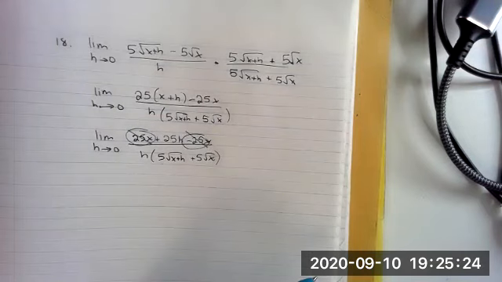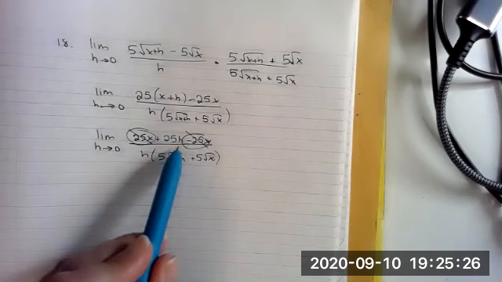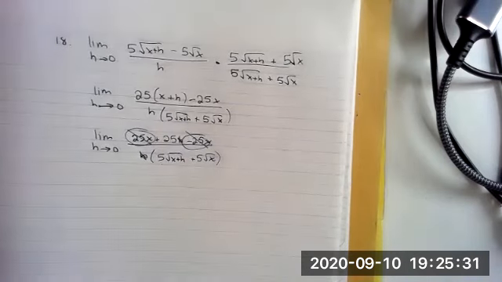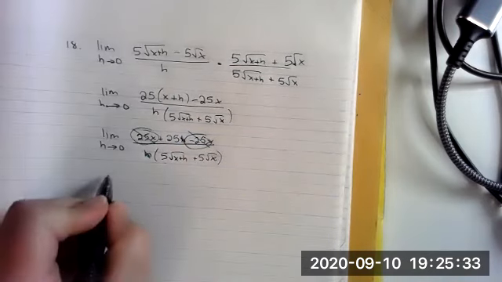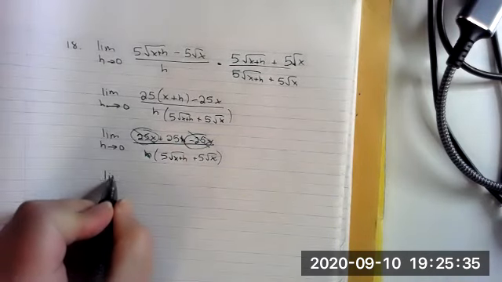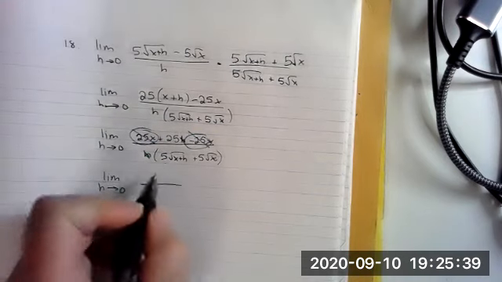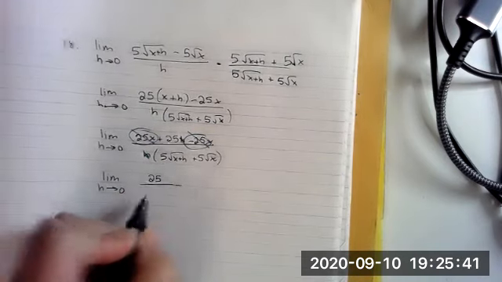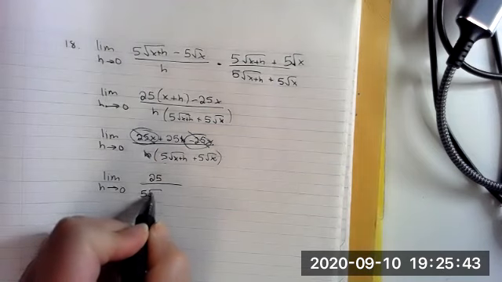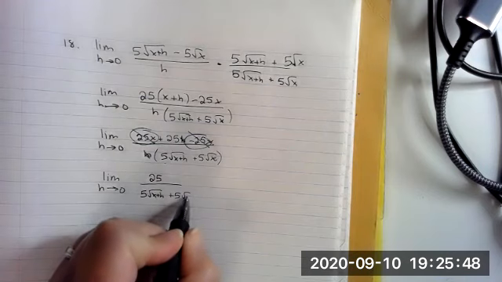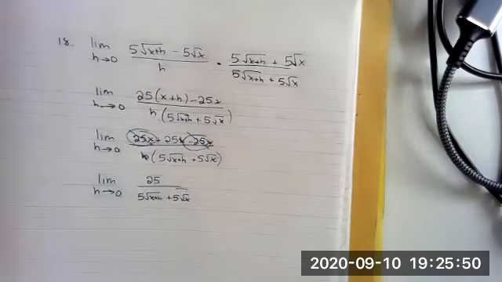Okay, so now I can also divide the h's out. After I do all of that, I'm left with the limit as h approaches 0 of 25 divided by 5 times root x plus h plus 5 root x.